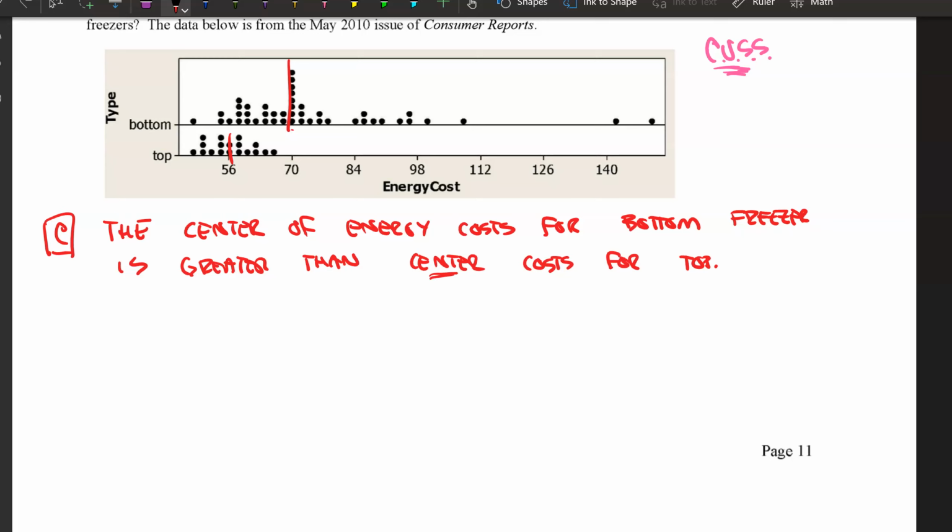I got context. Spread. This one is way more spread out than this one. That's probably, in my opinion, centers and spreads are the two biggest differences.